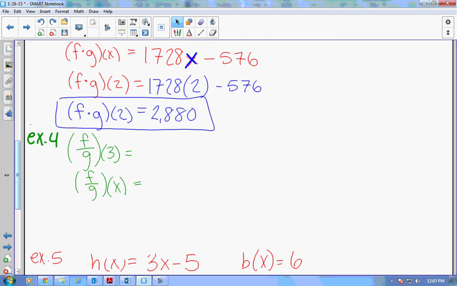Tyson, will you pick someone to come write their work on the board? Whatever. Stetson, you're up. Come show your work on the board, please. Sure, you can bring that up if you want it.